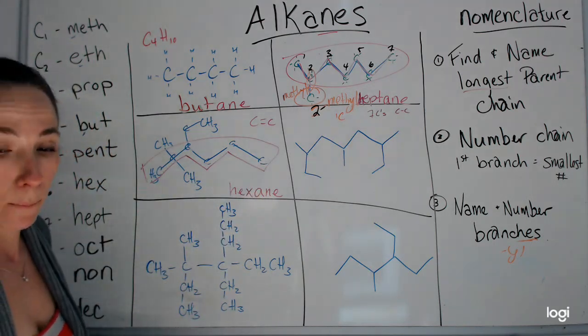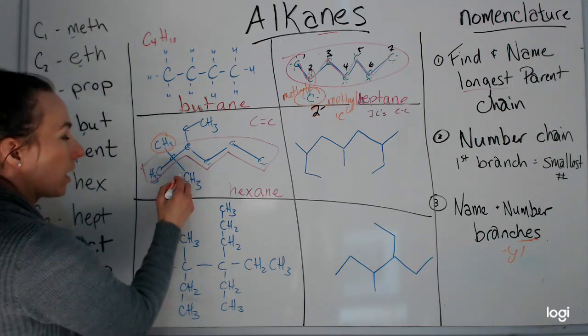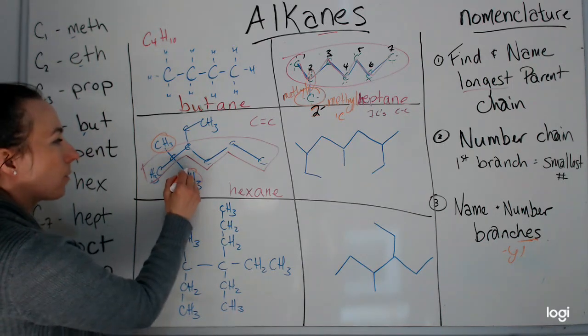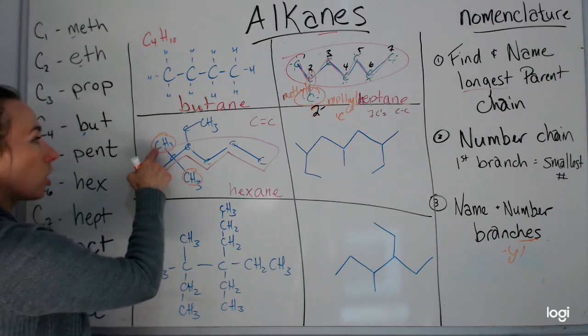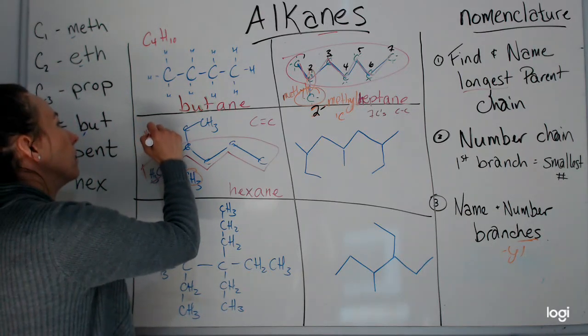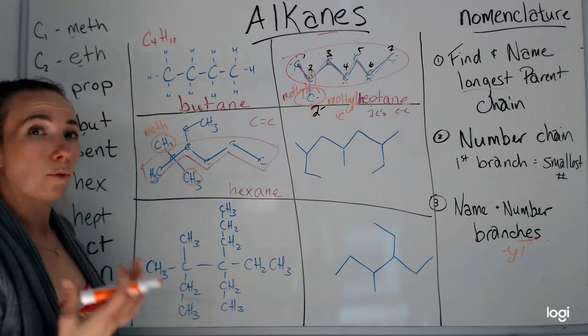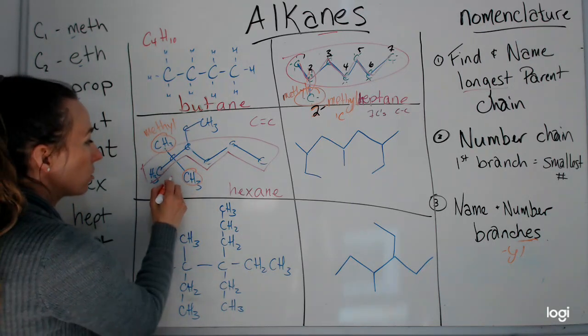Now I'm going to talk about the branches. So this branch here, that charm that I would have bought, I linked it on to the second carbon. This charm has 1 carbon in it. How do I say 1? Meth. How do I say a branch? YL. So that's methyl. This is also methyl.